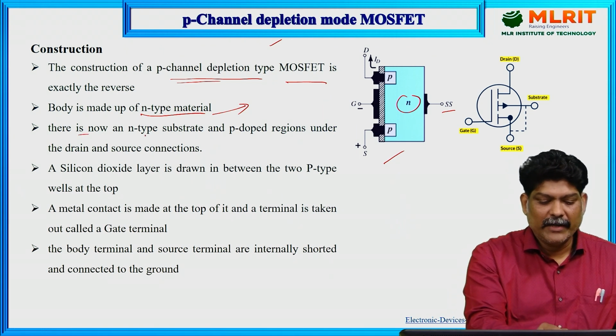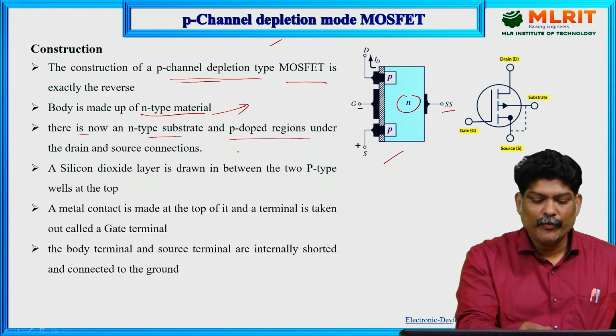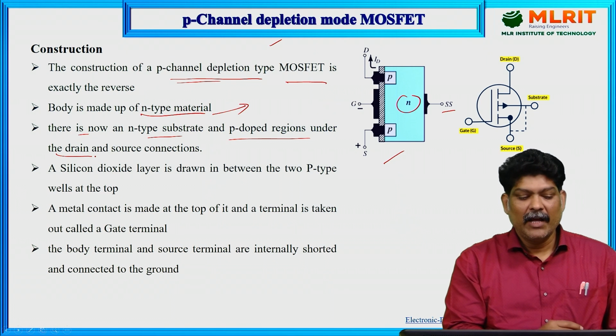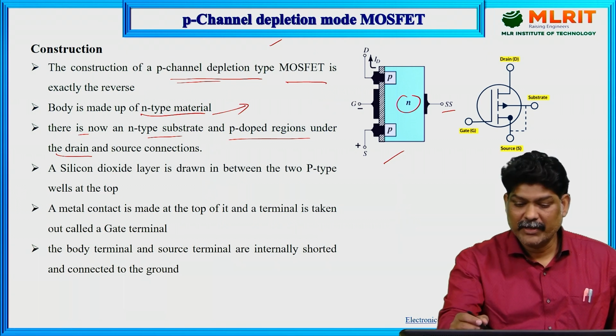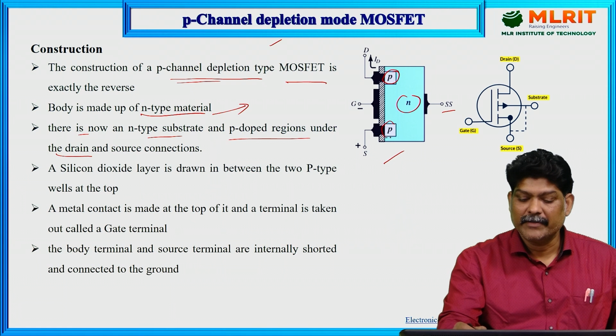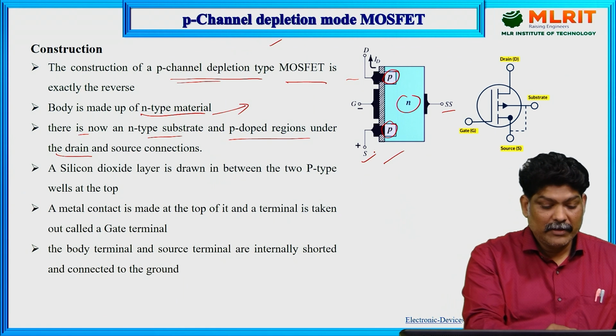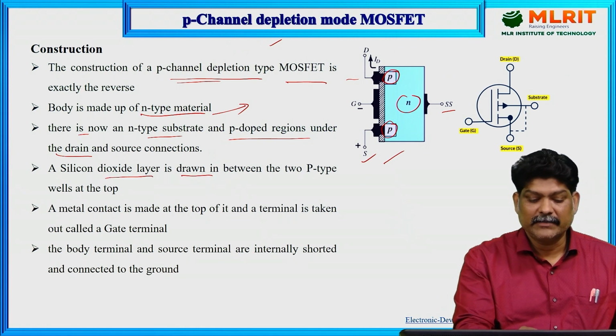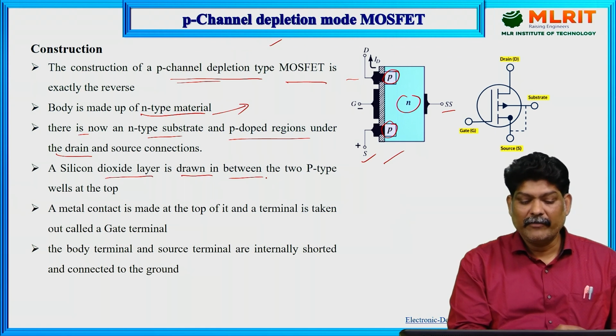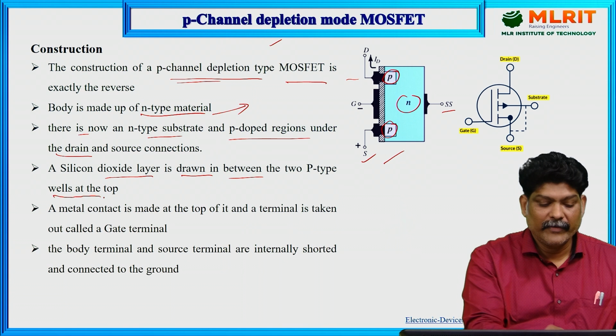There is now an N type substrate and P doped regions under the drain and source connections. You can observe here a P type region under the drain terminal and a P type region under the source terminal. And now a silicon dioxide layer is drawn in between the two wells on the top.